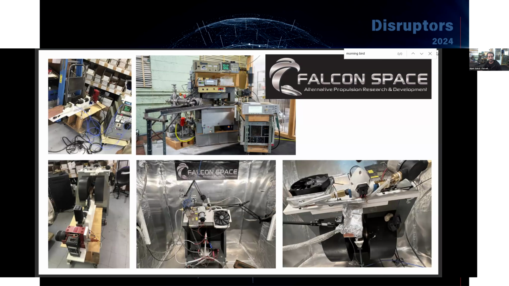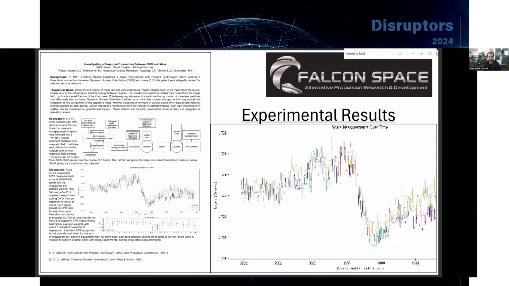Now, in the final slide, if you move forward, I can show you some of our experimental results that we got out of the X-band setup last year. I presented this at the Experimental Nuclear Magnetic Resonance Conference in Asilomar, California. What you're looking at, most importantly on the right, is a bunch of squiggly lines that have a sudden drop.